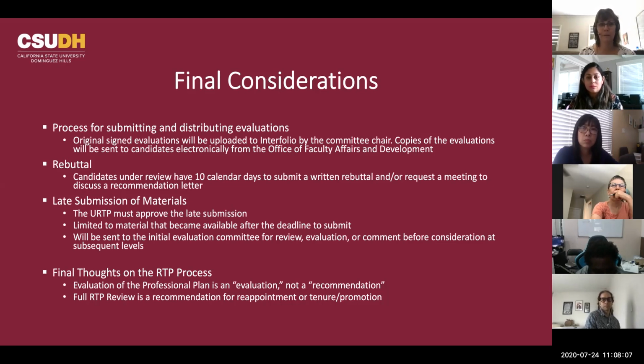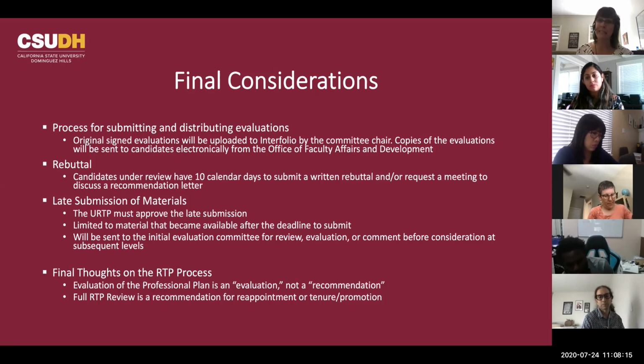So again, it's limited to materials that became available after your file's submitted. It's not about missed stuff. If you forgot to put something in, that cannot be remediated through this late submission process. It's only stuff that became available afterwards.